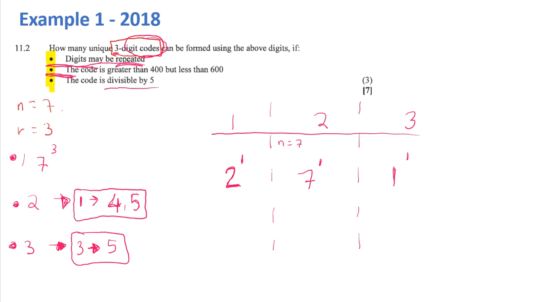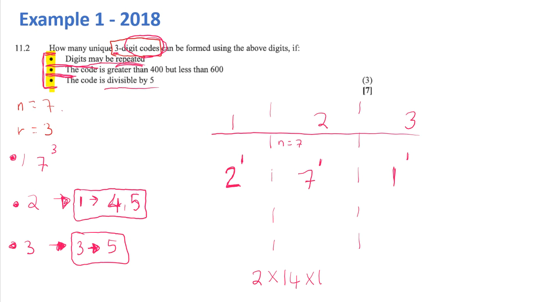And that's how you compute how many different unique 3-digit codes you can choose given these 3 conditions. So it'll be 2 times 7 times 1.